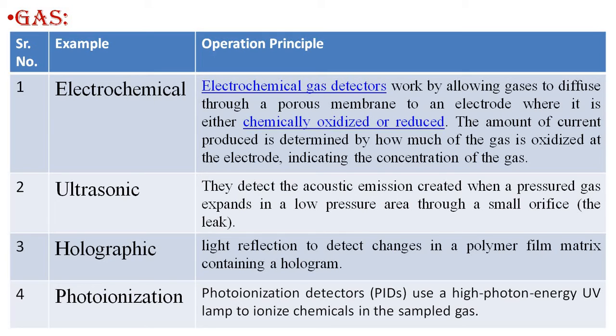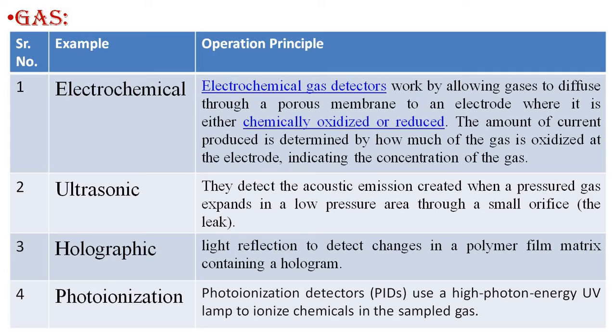Next one is the holographic gas sensor. It uses light reflection to detect change in a polymer film matrix containing a hologram. So for a polymer film matrix containing a hologram, when we apply light on that, there is a change detected.